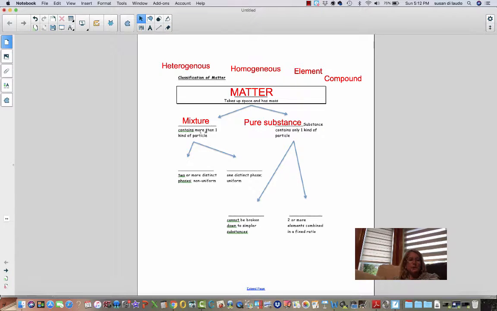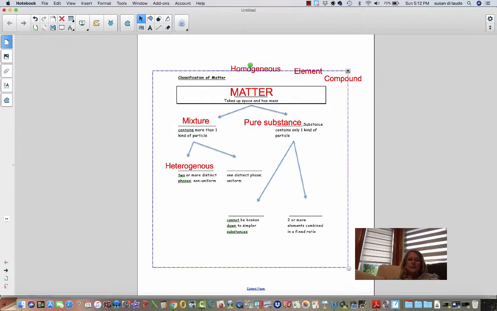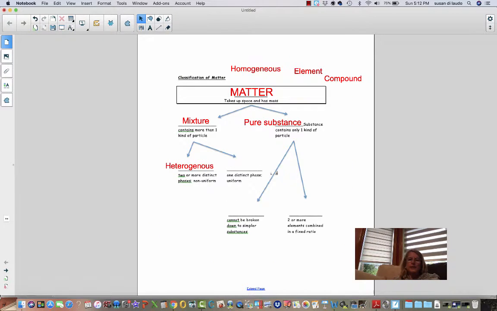So in a mixture, if we can see two or more distinct phases, if that matter's non-uniform, you can definitely pick out the parts, we say that that is a heterogeneous mixture. And if that mixture looks like one distinct phase, it's all uniform, it's all kind of one part, then we say it's a homogeneous mixture.